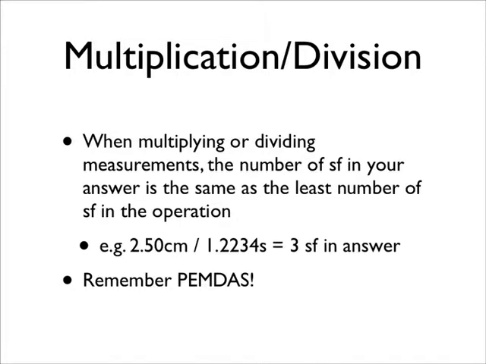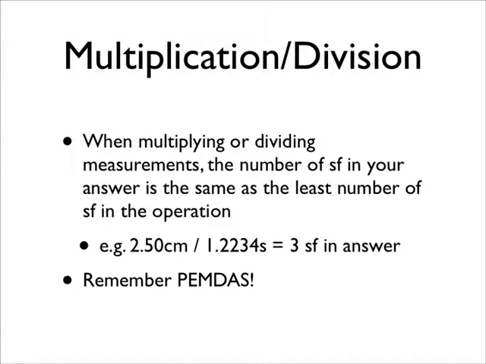So multiplication and division with significant figures is actually the easier process. So if you're going to multiply or divide measurements, the total number of significant figures in your answer must be the same as the least number of significant figures in the operation.